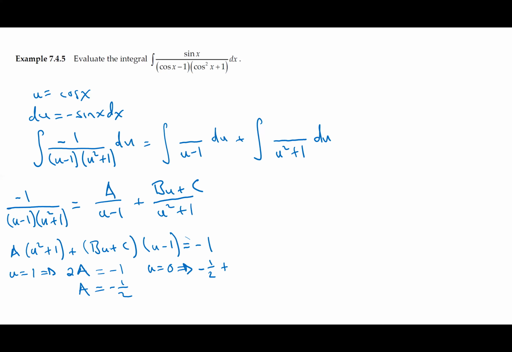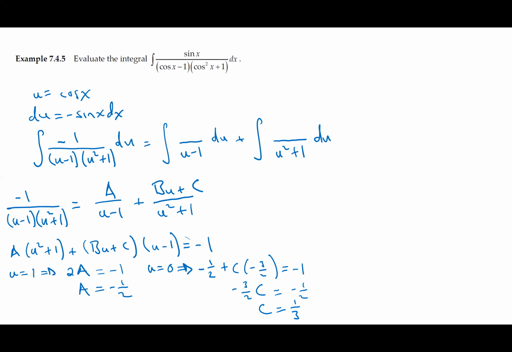So I just have C times u minus 1, which is C times -1 minus 1/2, which is -3/2. And that equals -1. So -3/2 C equals, adding 1/2 to both sides, -1/2. So C equals 1/3.